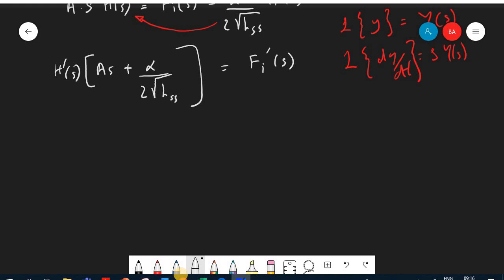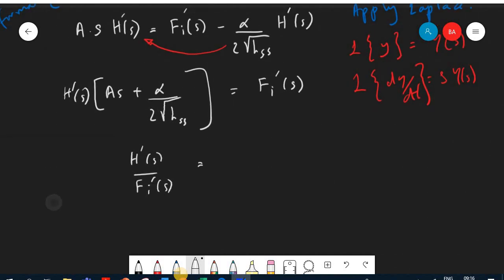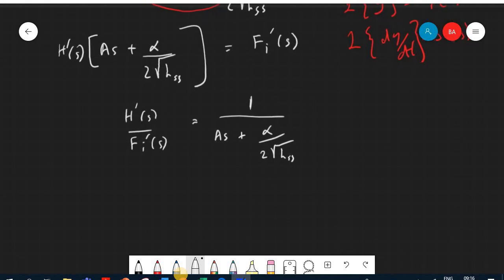Okay, and so we just divide this, we bring this to the left hand side, and this is going to be h divided by phi is equal to, and I hope that everything is fine for me. Yes, it's equal to 1 divided by this term here, which is s plus alpha over 2 square root of the height at steady state.